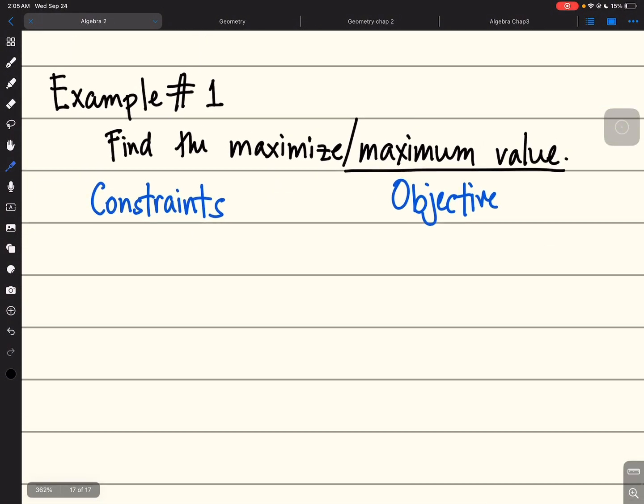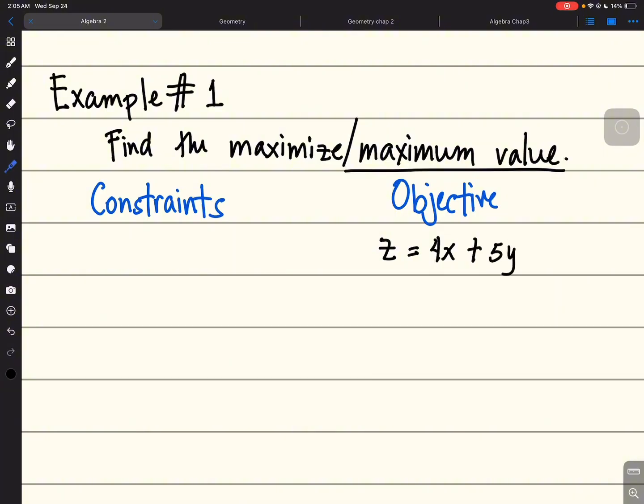So let's have this example number 1. As you can see in example number 1, we're going to find the maximum value. So let's say our objective is to find the maximum value of z, where z is 4x plus 5y.